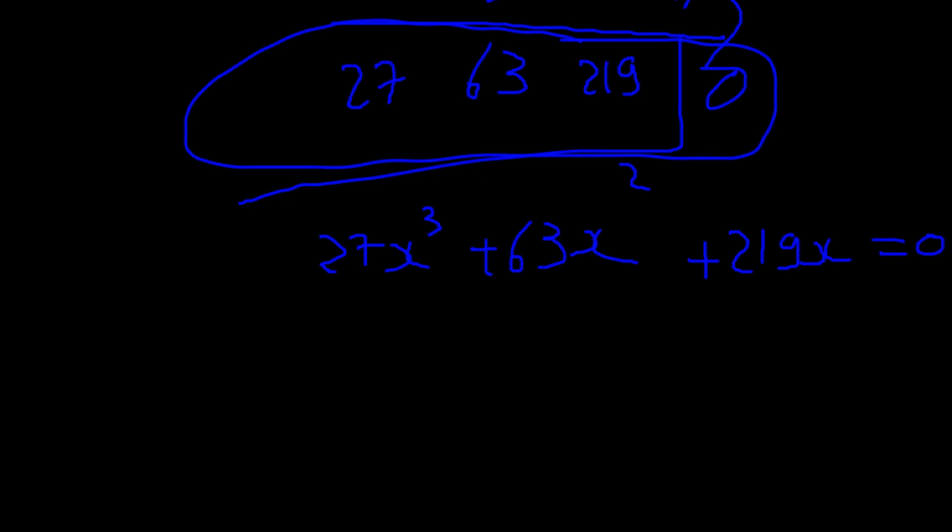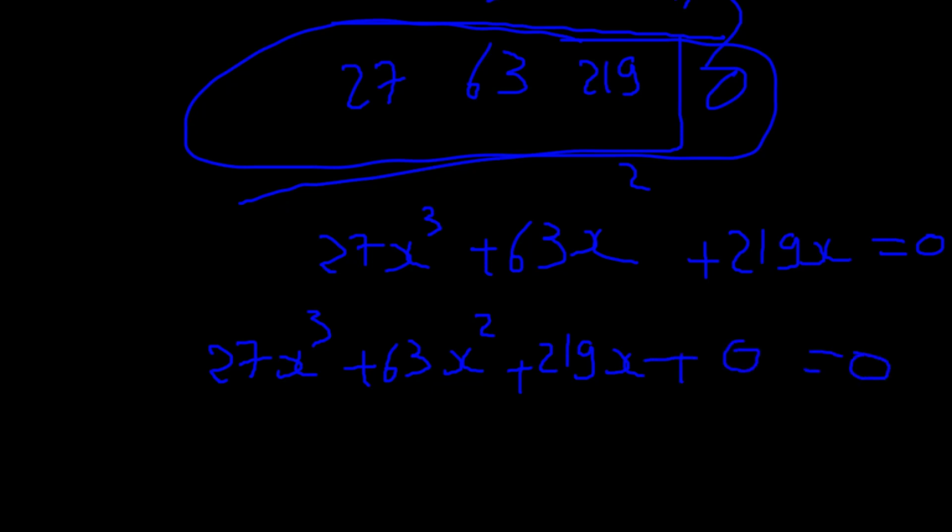Just find the roots of it, since we are supposed to find the roots. 27 x to the power 3 plus 63 x square plus 219 x plus 0 equals 0. Find the roots in the scientific calculator. You're going to get the values.